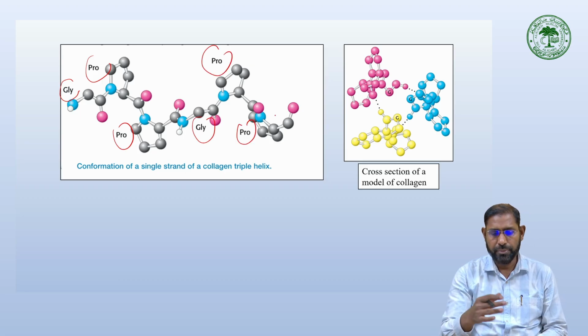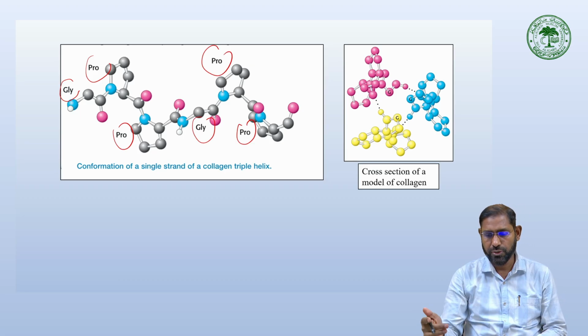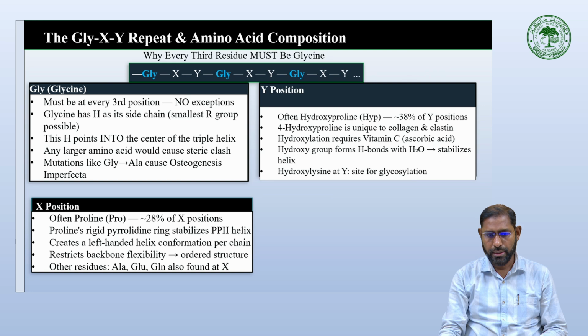This is the conformation of a single strand of the collagen helix, and this is a cross-section model of the collagen. The Glycine-X-Y repeat and amino acid composition, and why every third residue must be glycine, is very important to discuss in collagen.